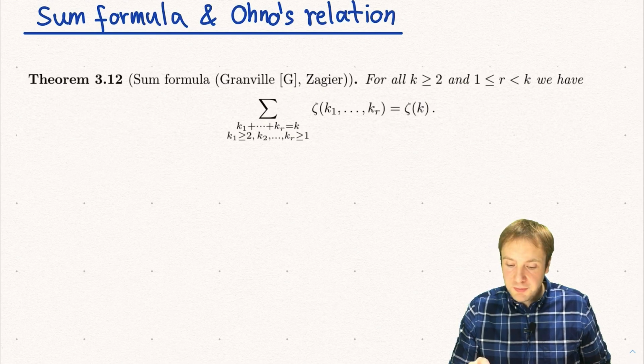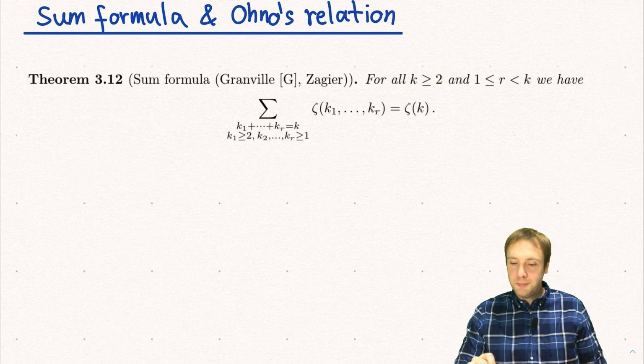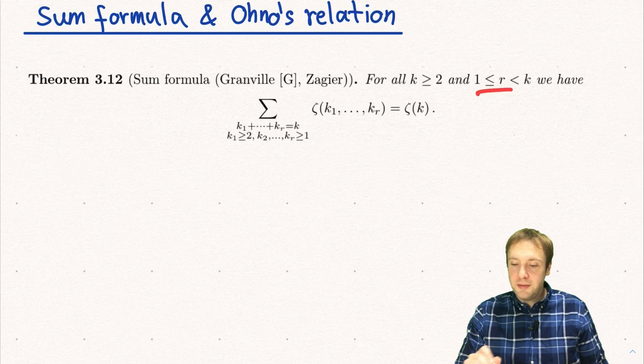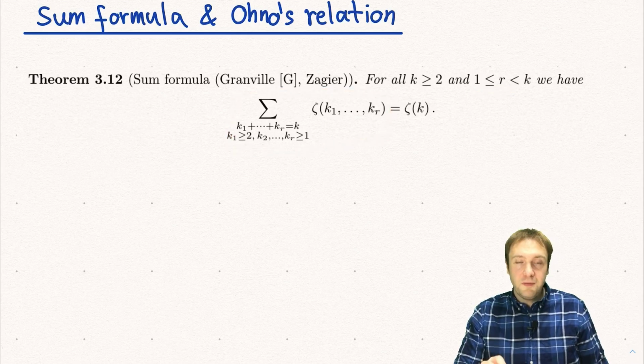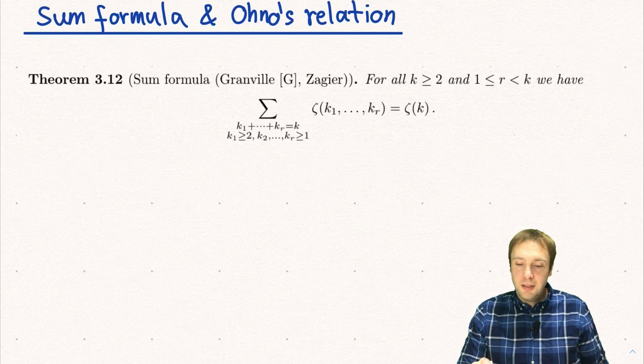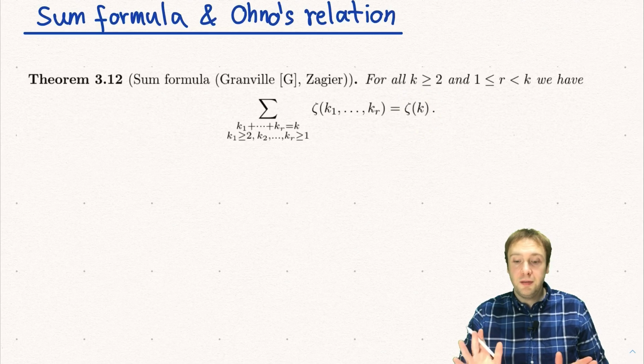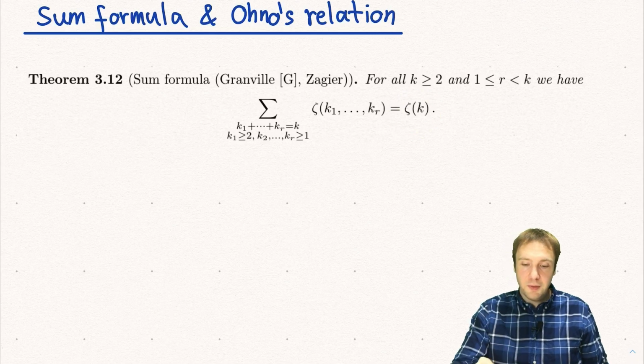The statement is that if I fix a weight k and depth r, then the sum of all admissible multiple zeta values in a fixed weight k and a fixed depth r is always given by the single zeta value zeta k.